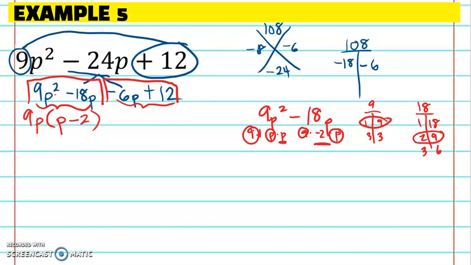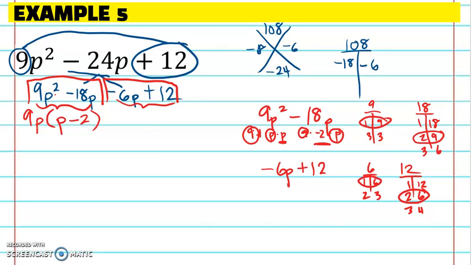All right, let's go. Negative 6p plus 12. Again, if you need to, you can do the factor trees and go look for it. This is your experience, so whatever you need, do it. You'll find that 6 is the greatest common factor.